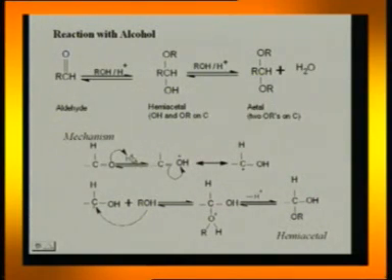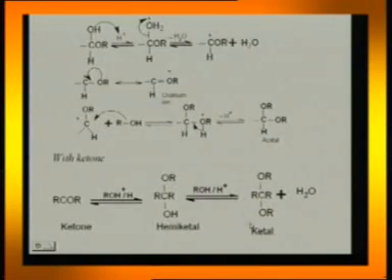First the attack of oxygen takes that H plus ion and gives the OH group. At the second stage, the second molecule of alcohol, through its oxygen with lone pair, attacks the carbon plus and gives rise to the acetal. This is the hemiacetal stage, and then the acetal is formed.